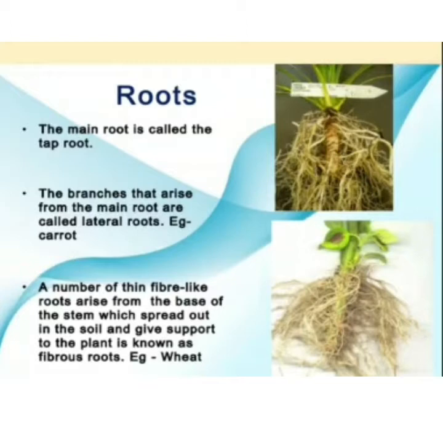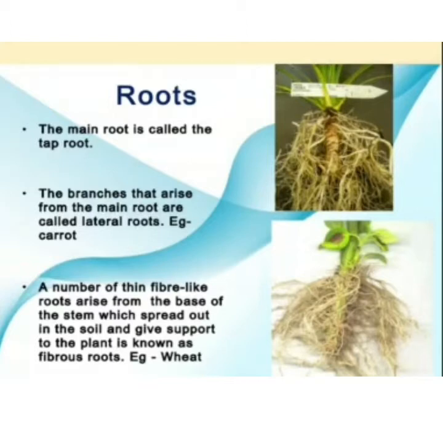See students, when we see the roots, we have seen two types of roots basically, tap root and fibrous roots. The two types of root systems are the tap root system and the fibrous root system. In that part we had already discussed tap root.